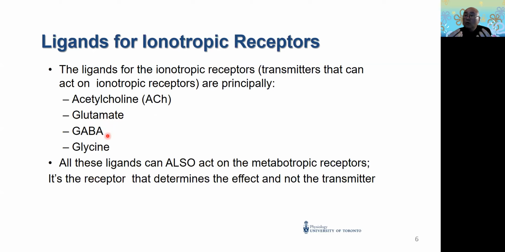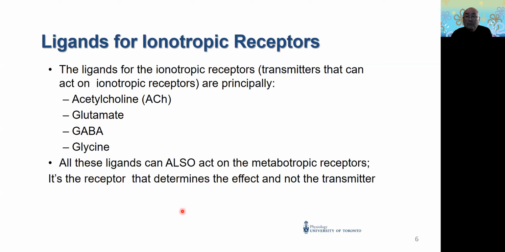In addition, we have glutamate ionotropic receptors. We would have GABA receptors, and again, GABA being a neurotransmitter. Glycine is another neurotransmitter that will bind on and cause ionotropic receptors to open.